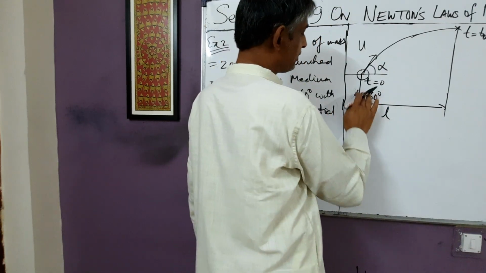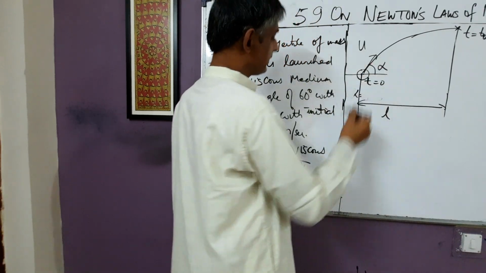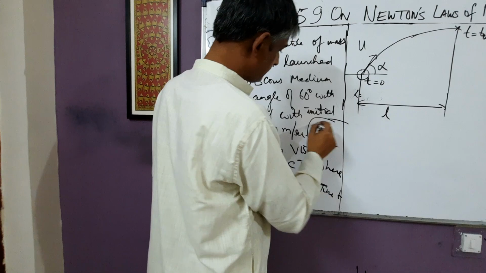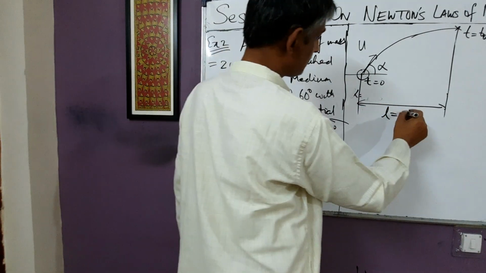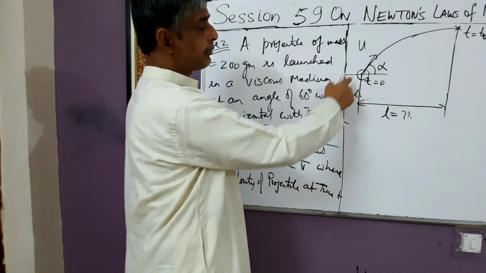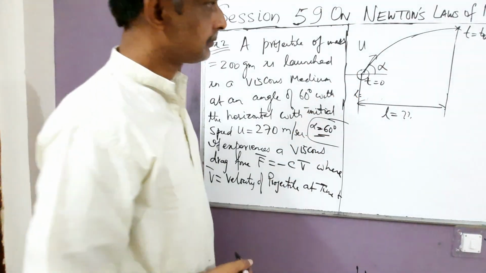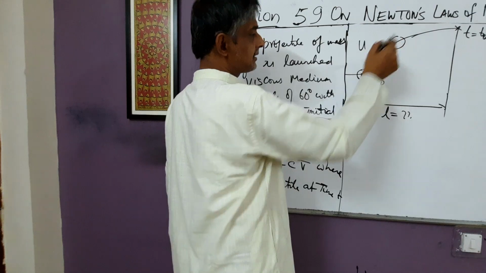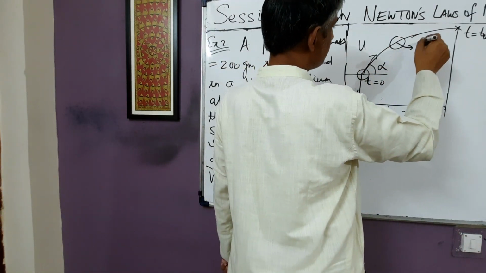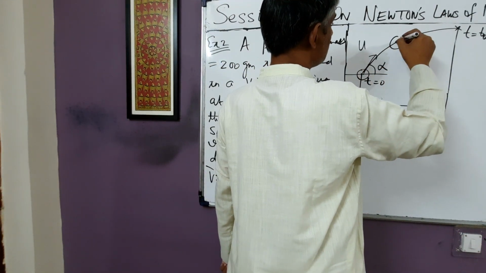Alpha I already stated; it is 60 degree. L we have to determine. This is the projection point. At time 0 it has been projected. At some arbitrary instant the projectile has come here. Its coordinates are x comma y.